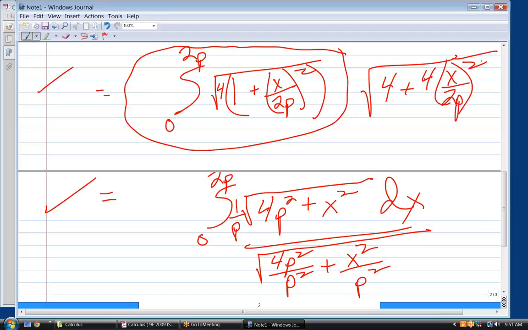Well, if you square x over 2p squared, you get x squared over 4p squared. The 4's cancel, so I end up with x squared over p squared.